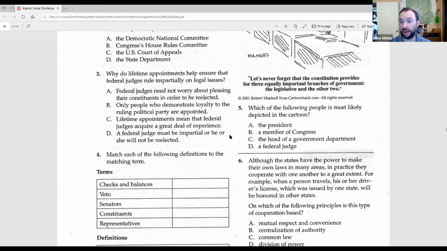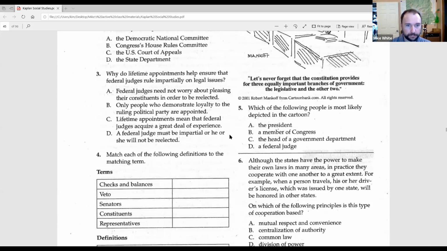That would be evidence to the contrary. If the question had said something about being biased or favoring a certain political party, then B might be the correct answer. But we're trying to get to an answer that explains why judges are supposed to be ruling impartially or unbiased, in other words, being totally neutral.